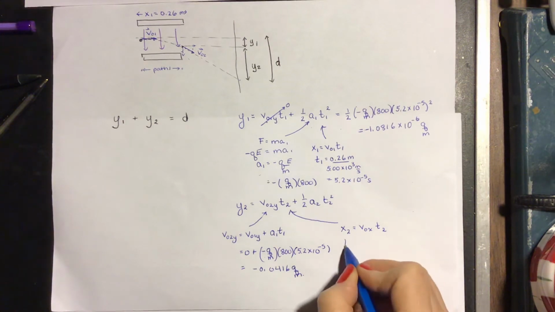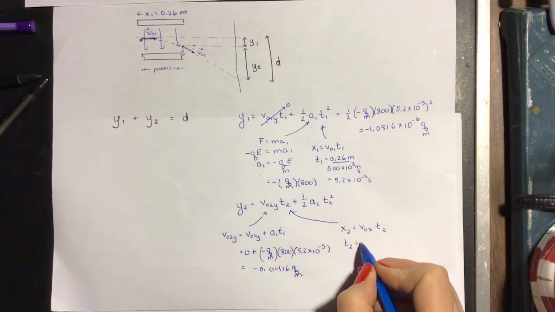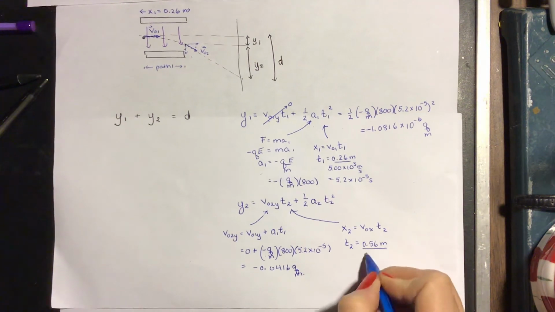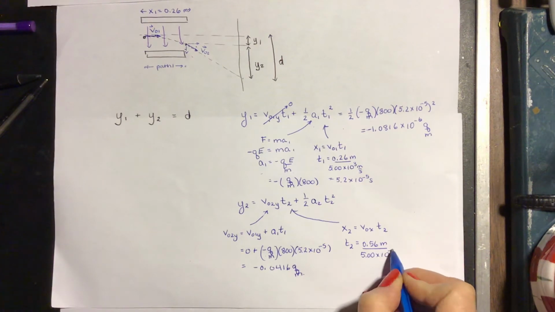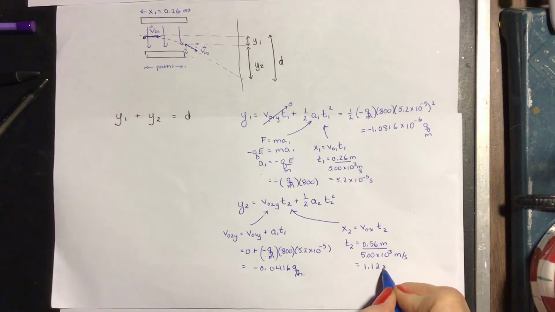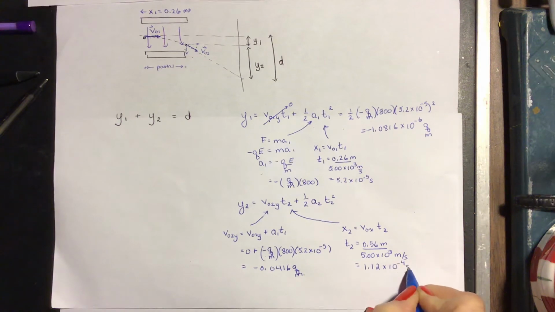So then t2 is that distance x2, 0.56 meters, divided by the speed, 5 times 10 to the 3 meters per second. Gives us a t2 of 1.12 times 10 to the minus 4 seconds.